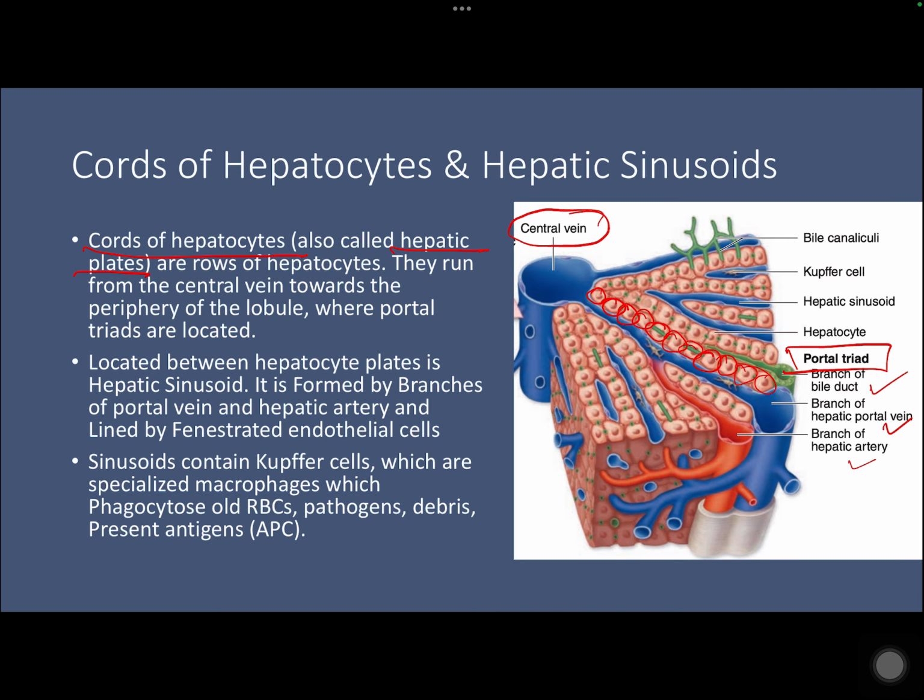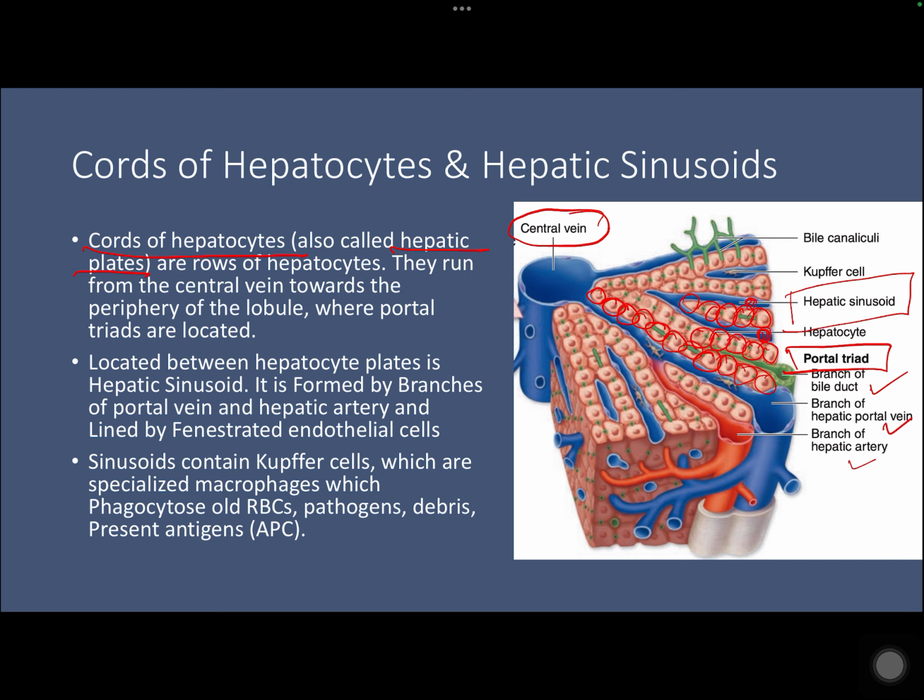Between these cords or rows of hepatocytes, this is the hepatocyte, and this is again a cord of hepatocytes. Between these two cords we can see a space, and this space is known as the hepatic sinusoid.